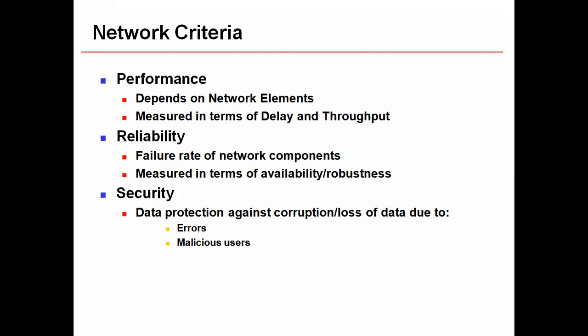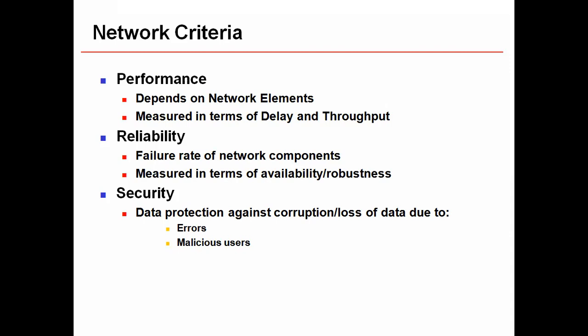Because if you connect everything, if the performance of the systems is poor, then what happens? The network will get stuck. No one can send the data and no one can receive the data. Or if the system is very slow, then that also will become a problem. So the first one is performance.